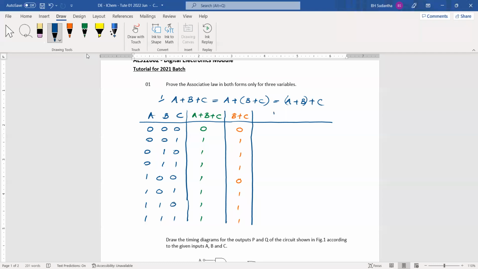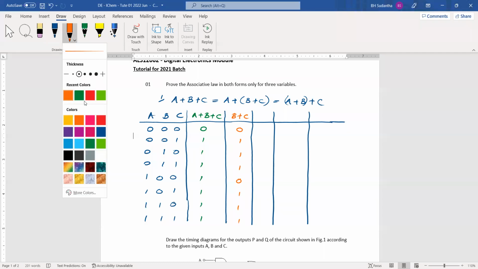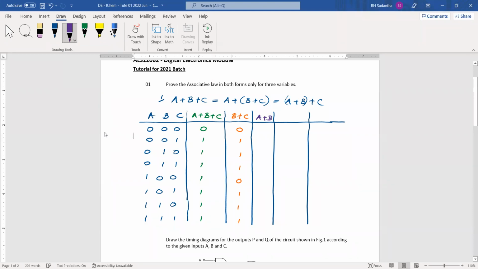Then we can make A plus B. A plus B, this is 0, 0, 1, 1, here 1.